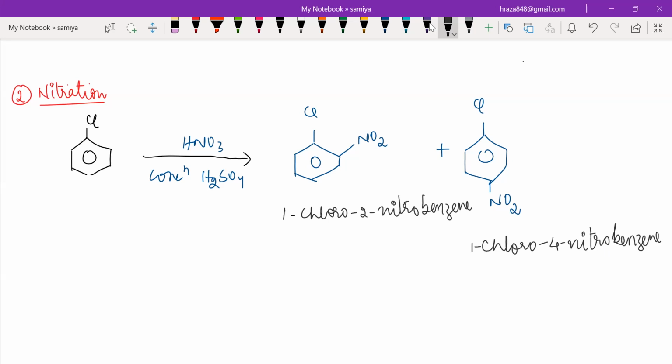Basically, this nitro group is also a substituent and chloro is also a substituent. So we are going to give preference on the basis of alphabet. C will come before N. So let me know which one is major and which one is minor.